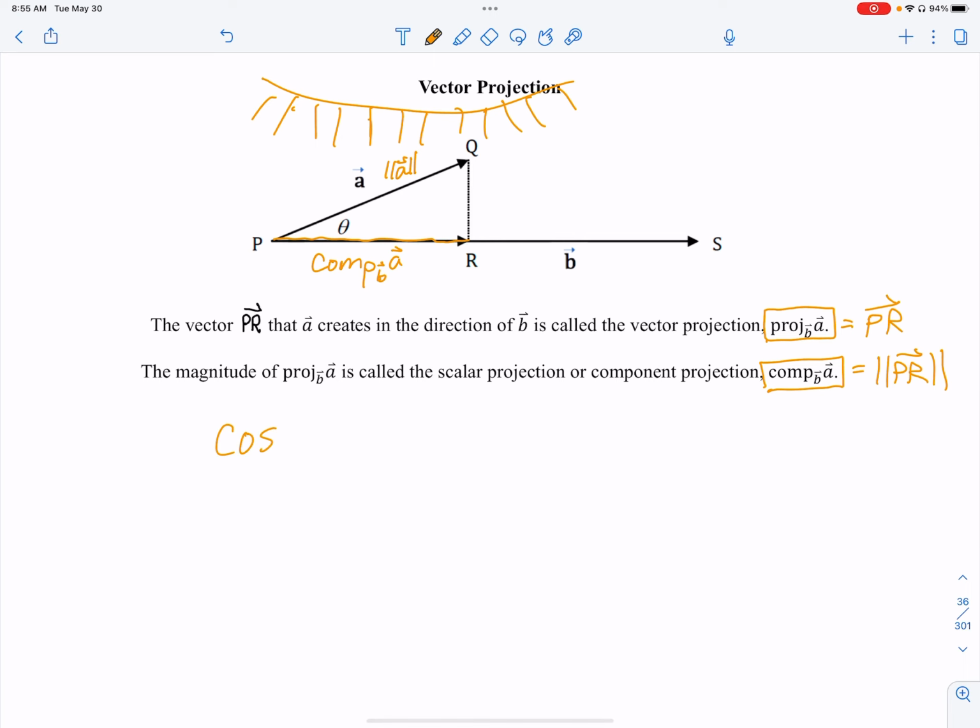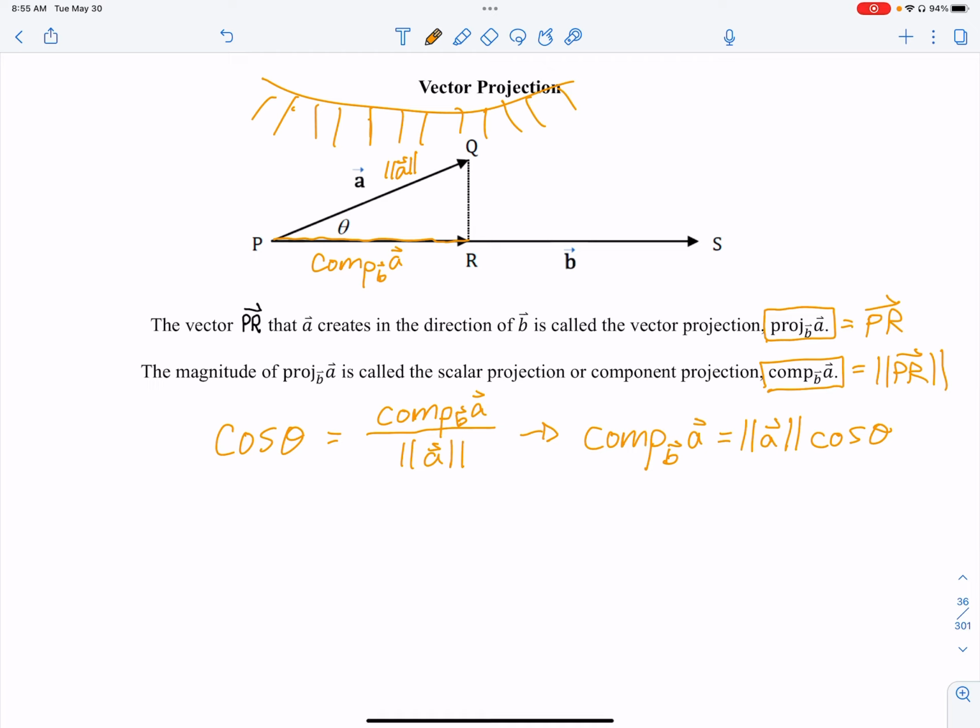So cosine of theta is equal to the comp of A onto B over the magnitude of A. That's just using right triangle trig. I can go ahead and solve for the comp by multiplying by the magnitude of A.